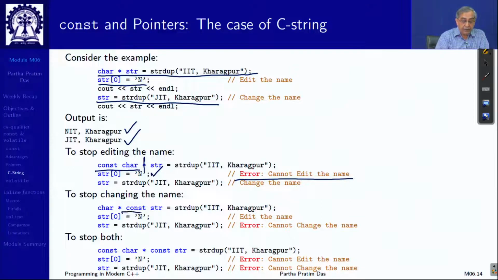If I put it on this side, that is, on the pointer side, then I can change the element, but I cannot change the name. And if I put it on both, I cannot change either. So, it depends on what I want, and accordingly I can make these changes.